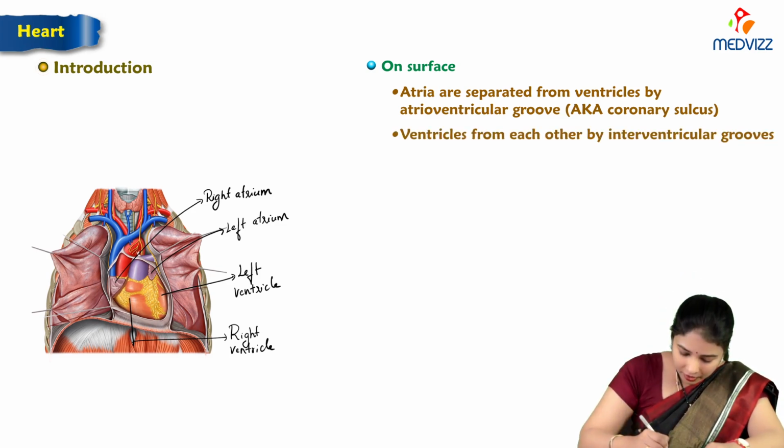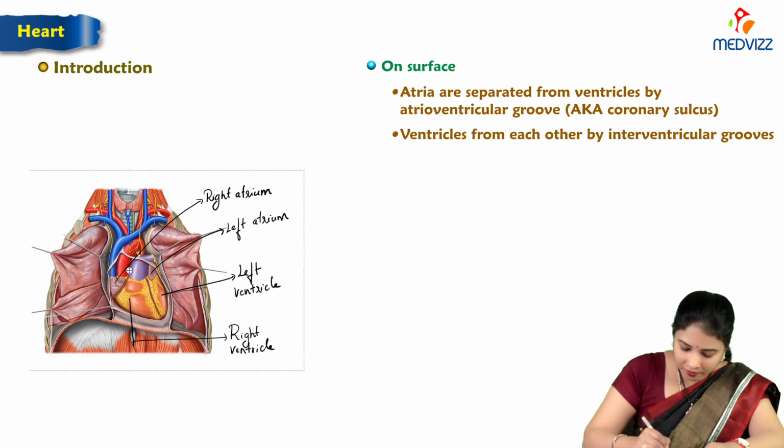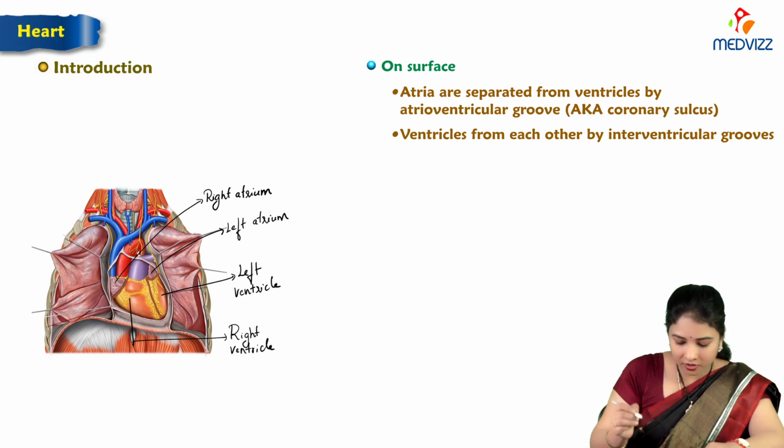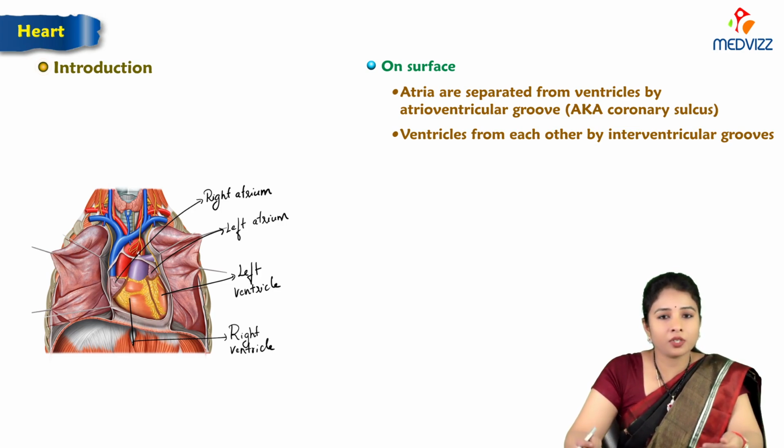The interventricular groove is present here, separating the right and left ventricles. Deep to this fat is the interventricular groove which separates the right ventricle from the left ventricle. And the left atrium is separated from the left ventricle by again an atrioventricular groove, which is the left coronary sulcus. So these are the grooves which we can appreciate from the anterior aspect of the heart.